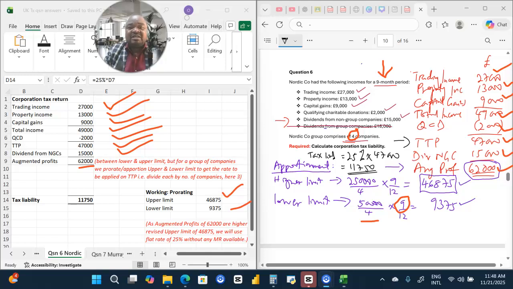So we then have to question whether our augmented profits still fit within the range. After adjusting these limits, we discovered that the augmented profits were no longer between the lower and upper limit. They were now above, which means the tax rate to be applied was 25% flat without any marginal relief available. Is that clear, ladies and gentlemen?